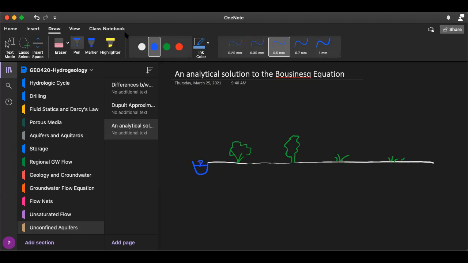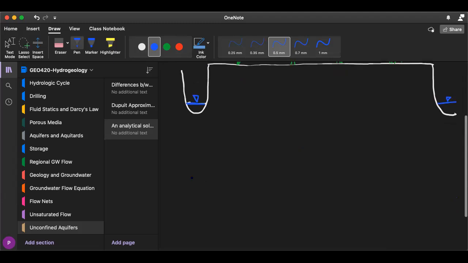I'm going to exaggerate things, sorry, so that it makes it easier to draw. So we've got the Little Wind River on this side, and we've got the Wind River on this side. So we've got two rivers. And let's put a bottom boundary here.